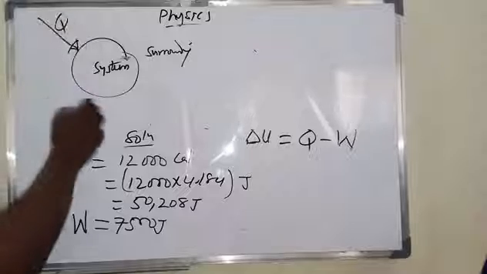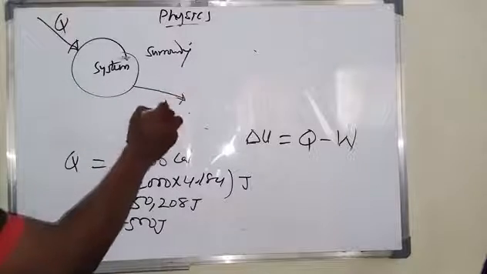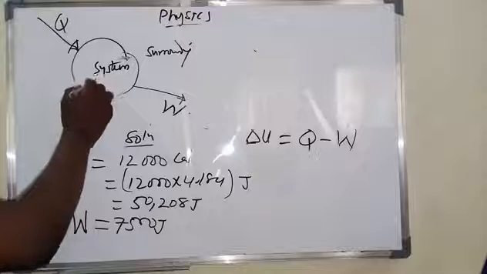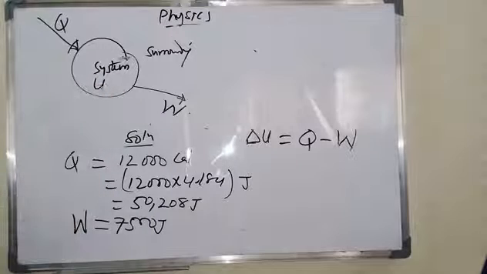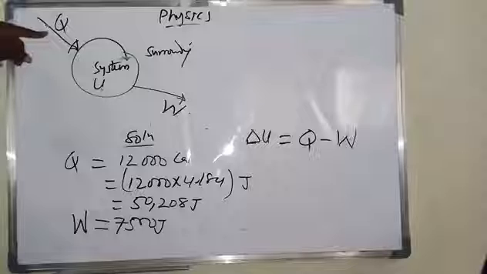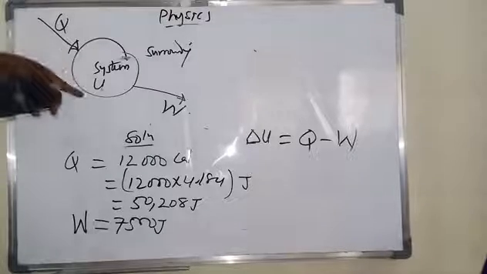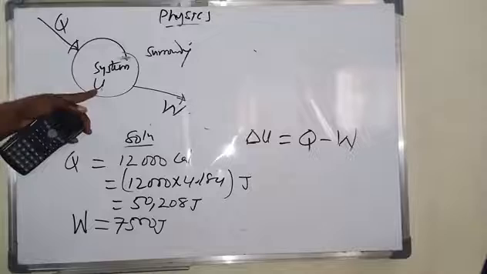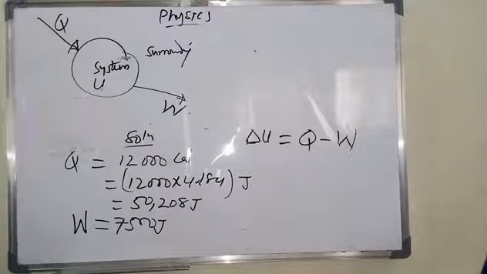This is the heat. And then it gives an output, which is the work done. And this system has an internal energy, which must have changed as heat enters it and work goes out of it. So the change in the internal energy is what you have to find.